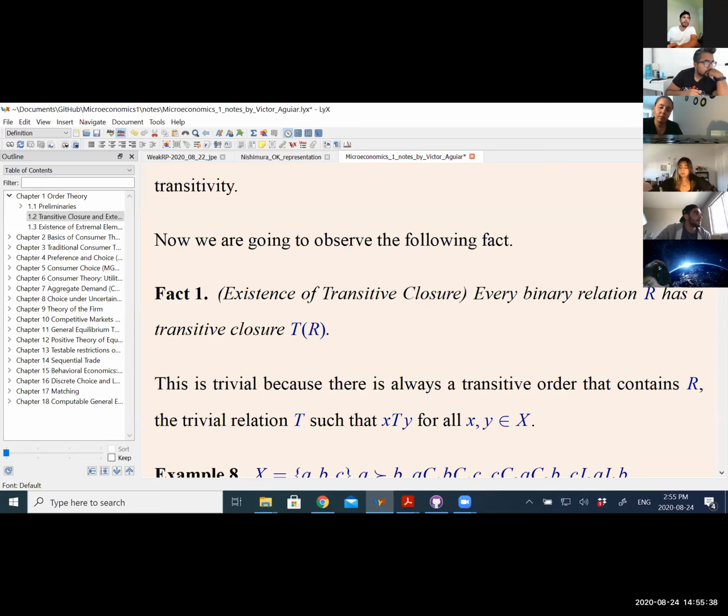A closure has to be a complete relation, so it has to relate all of the three elements in the set. It has to preserve the original relation in some form, and then also be transitive. So three things: complete, preserve the relation, and be transitive.